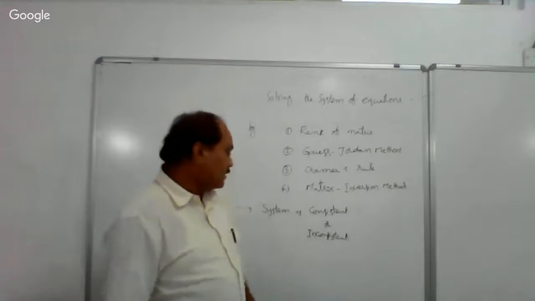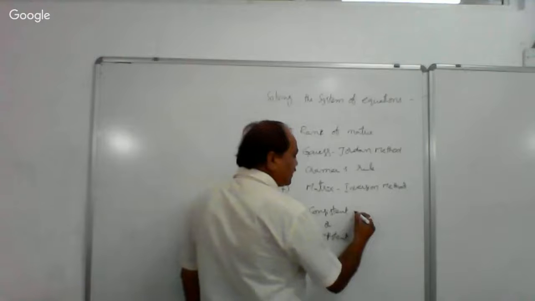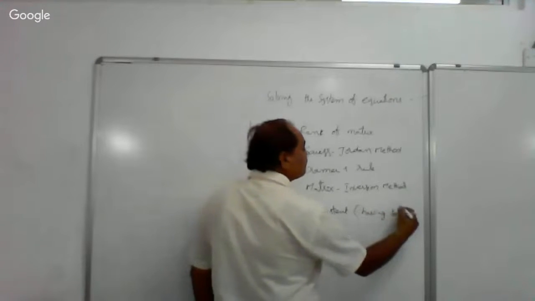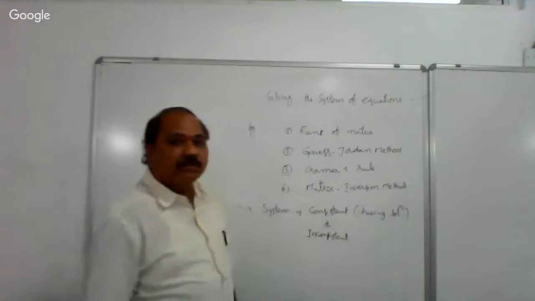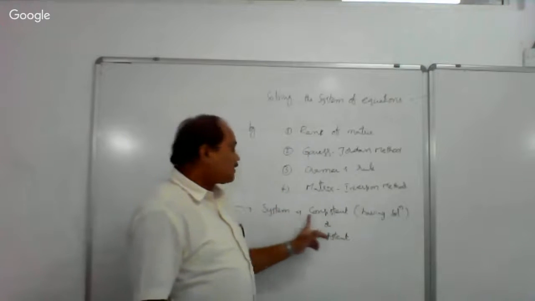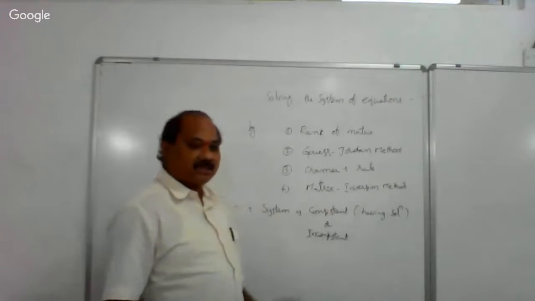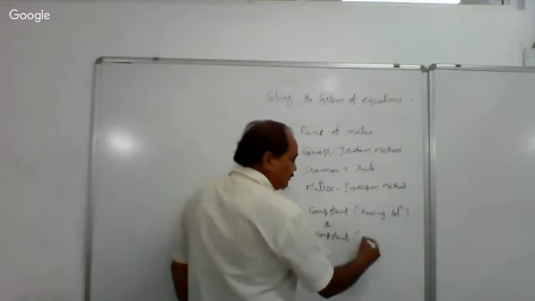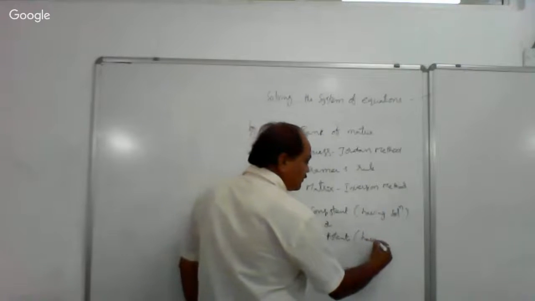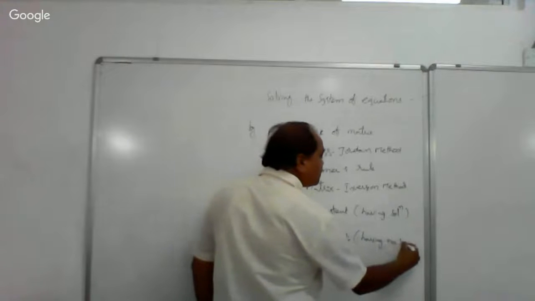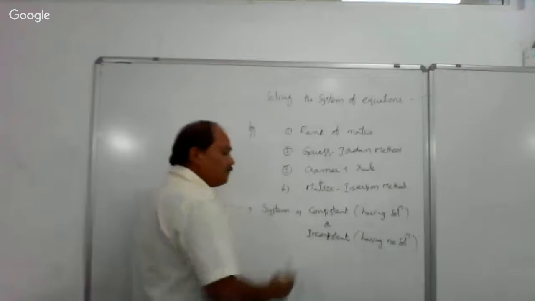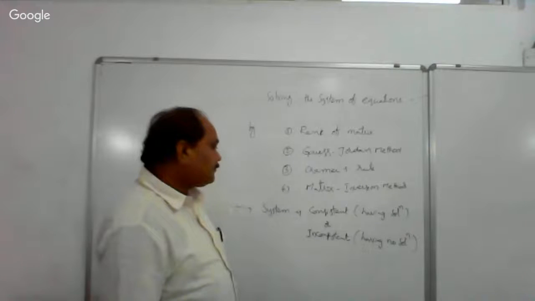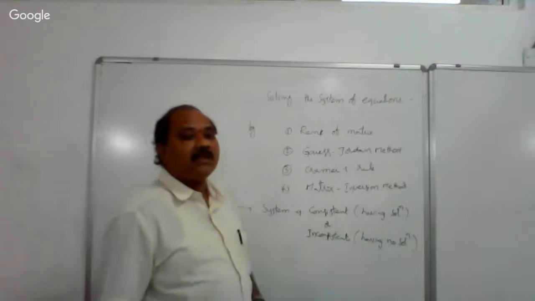Consistent nothing but it having solution. If the system has a solution, then we say that the system is consistent. If the system has no solution, then we say that the system is inconsistent.